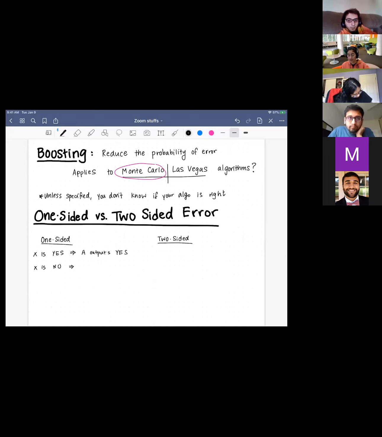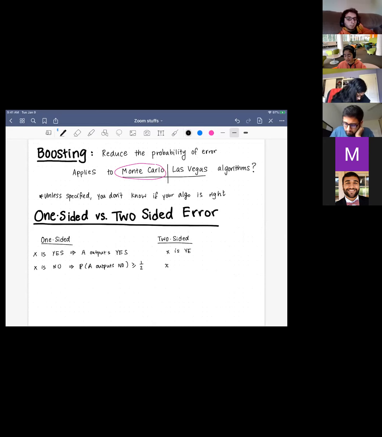If X is a no instance, then the probability that your algorithm gets that right and actually outputs no is greater than or equal to some number. I'm just going to write a half as a placeholder, but this can normally be any 1 minus epsilon that you want it to be. So the probability that A outputs no is good, but it might also be wrong and output yes.